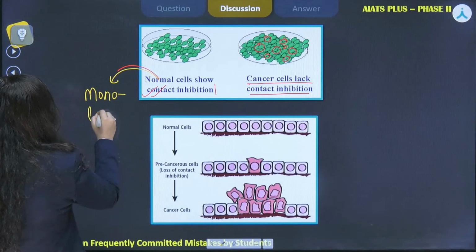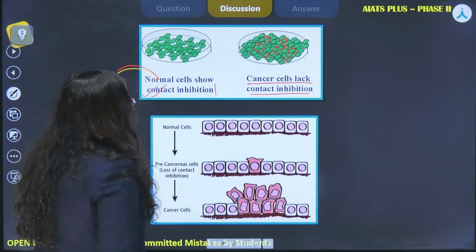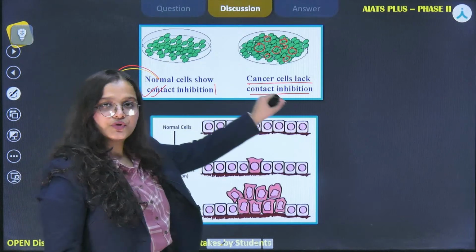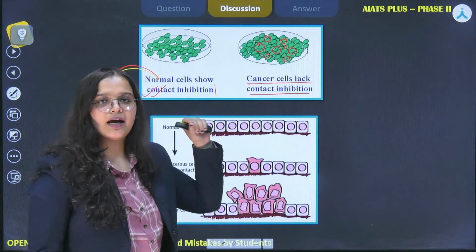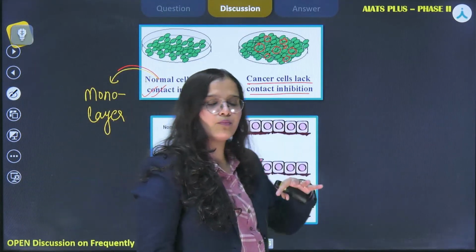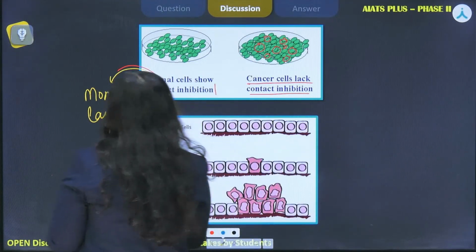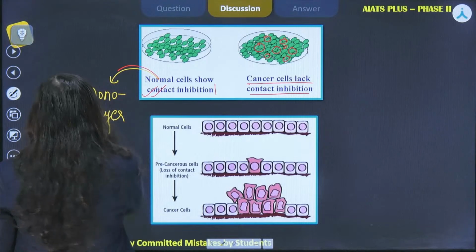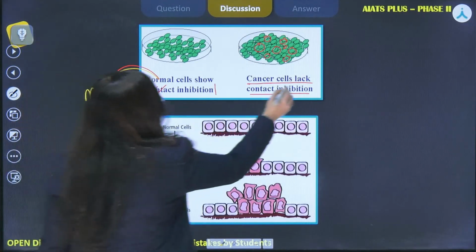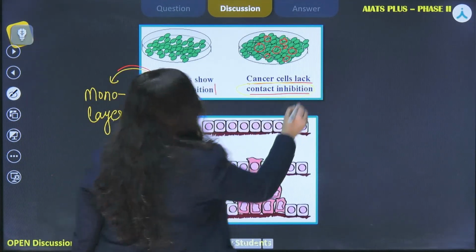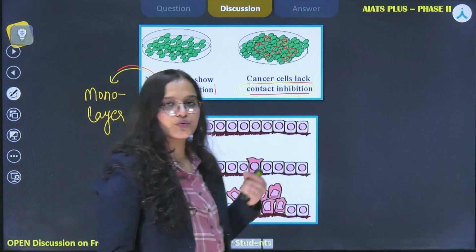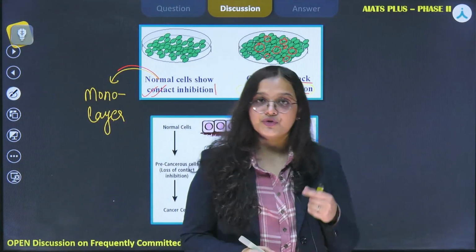whereas a monolayer cannot be seen in a tumor cell because they are an aggregation or a lump of many cells and they lack the property of contact inhibition. So this is one of the important differences between a normal cell and a tumor cell.